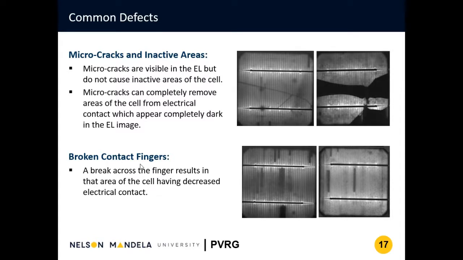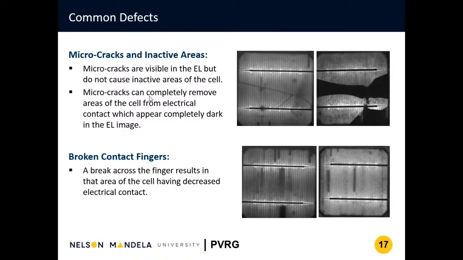So common defects in a PV module can be detected using electroluminescence. While we said that the glass can break, there are often instances where the glass does not break itself, but the cells can break. This is when a microcrack can occur.